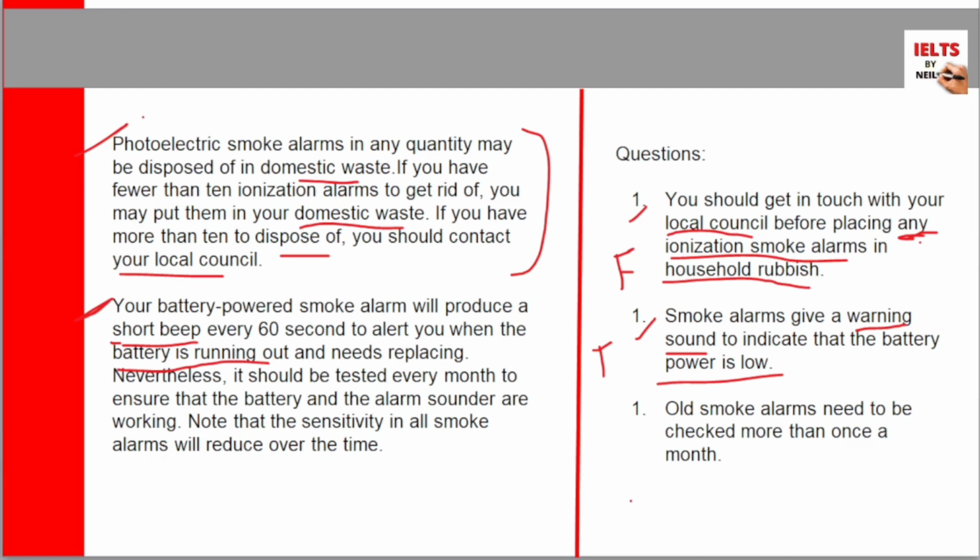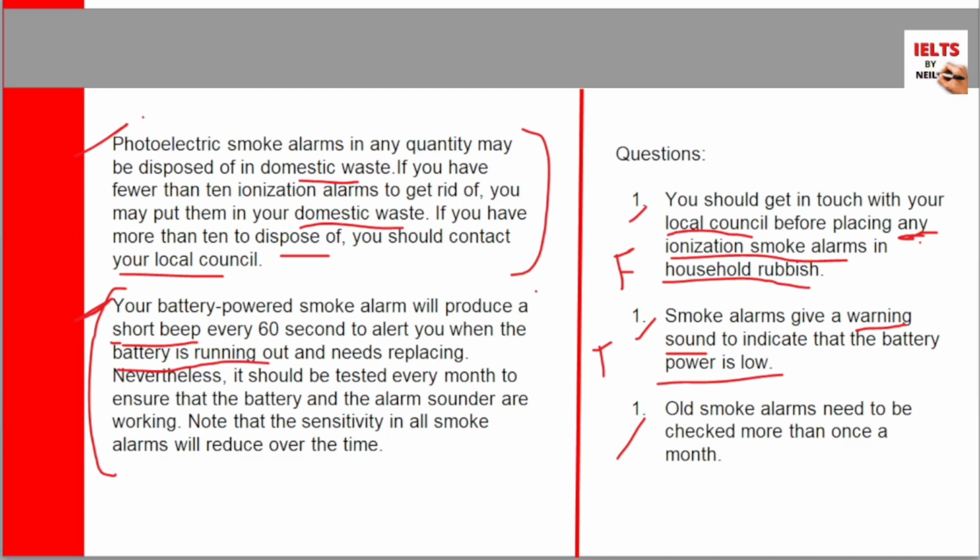All right, next one is: old smoke alarms need to be checked more than once a month. So I'm going to read this paragraph again. Your battery powered smoke alarm will produce a short beep every 60 seconds to alert you when the battery is running out and needs replacing.